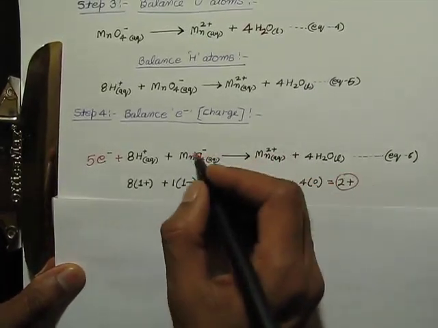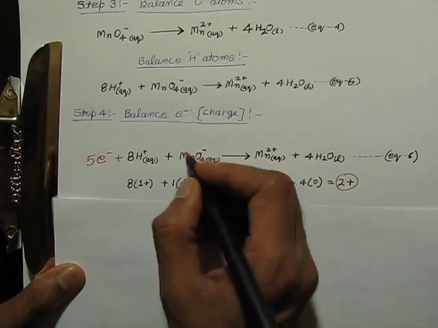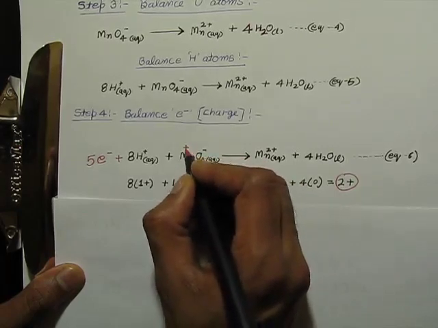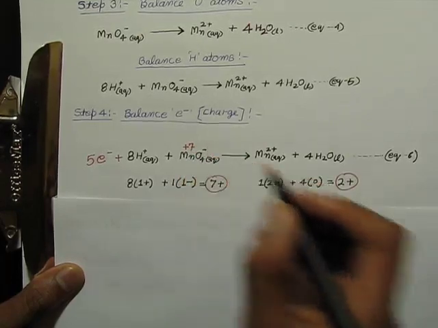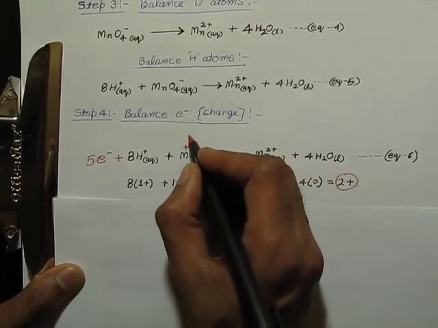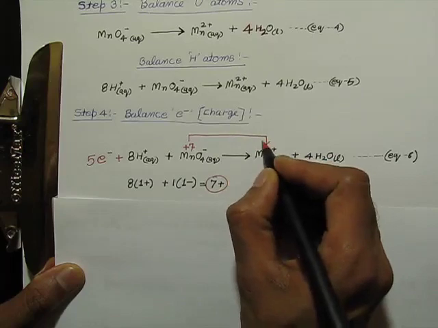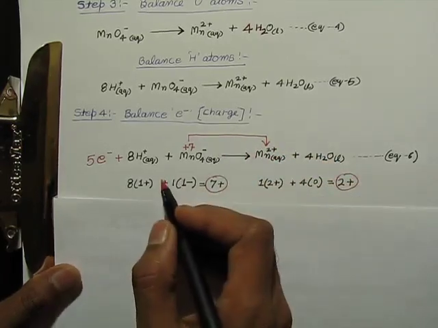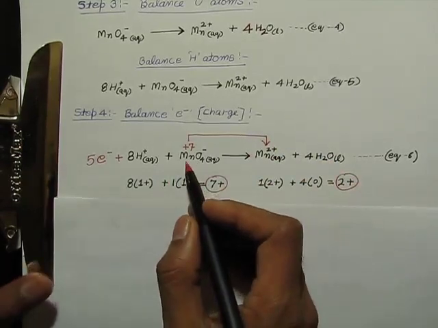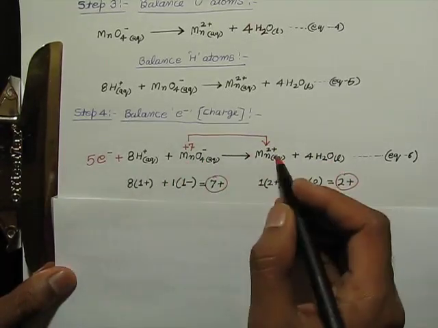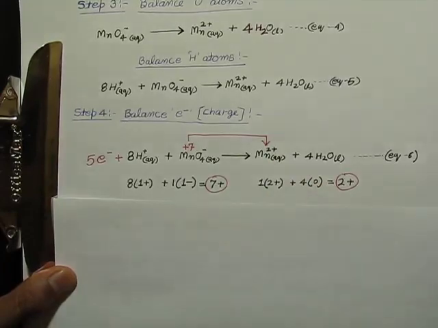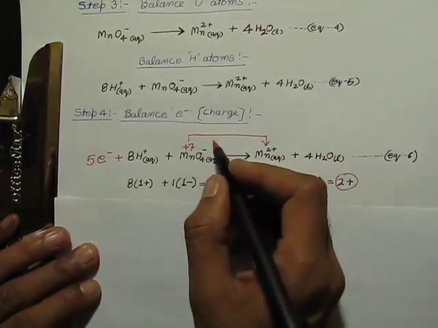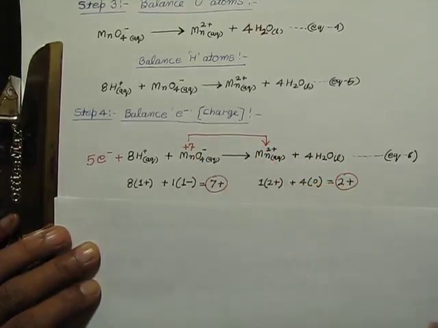If you calculate the oxidation state of manganese in the permanganate ion, it will be +7, and you can see it is converting from +7 to +2, right? +7 to +2. So it means it is accepting 5 electrons, then it goes to +2. The oxidation state is decreasing, meaning it is reducing into the manganese ion.